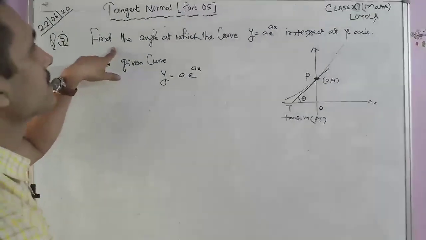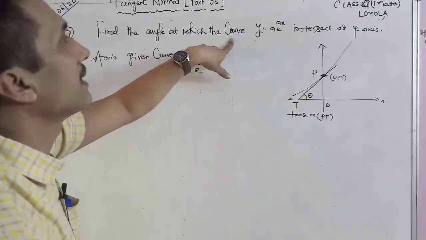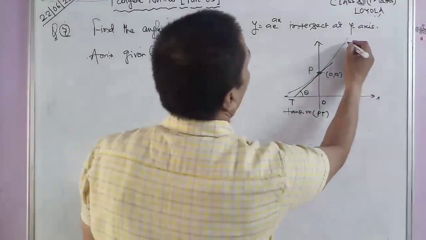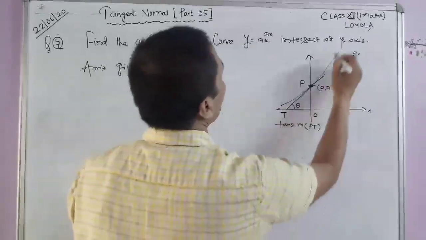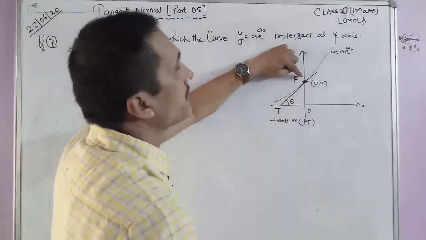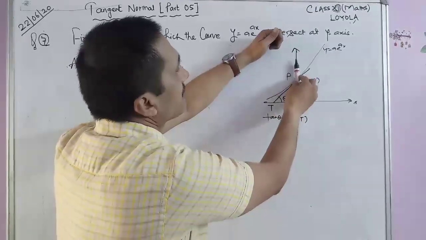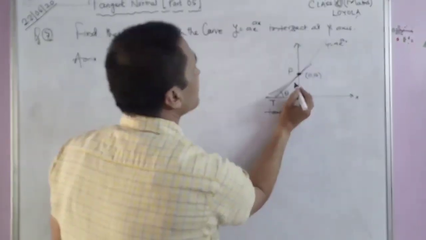We have to find the angle at which the curve intersects the y axis. Here the curve is y equal to a e to the power ax. One curve is this and the second curve is the y axis. At the point of intersection, one tangent is this PT and the other tangent is the y axis itself. We have to find this angle.